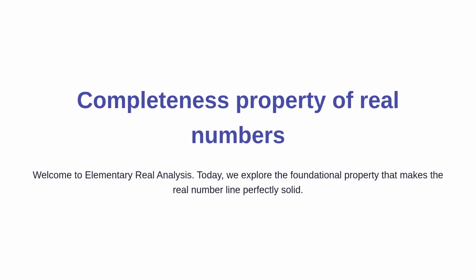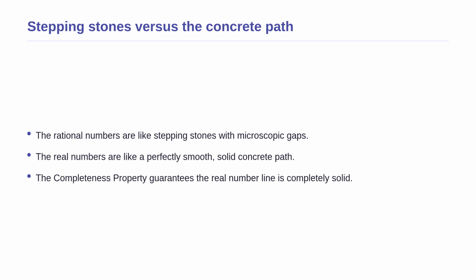Let us dive in. Before we look at any math, let us build a mental picture. Imagine walking across a river on stepping stones. You can step safely, but there are gaps between the stones. The rational numbers, or fractions, are exactly like those stepping stones. There are infinitely many of them packed closely together, but they still have microscopic gaps.